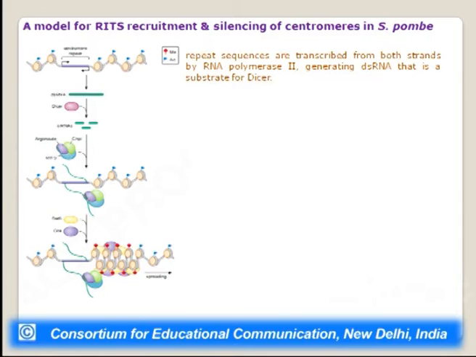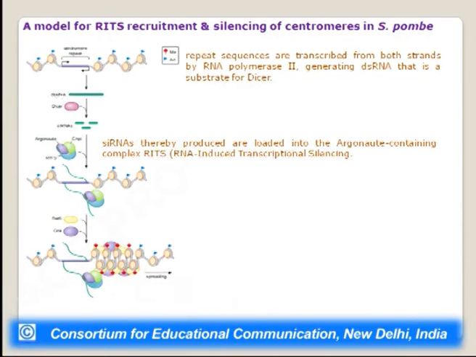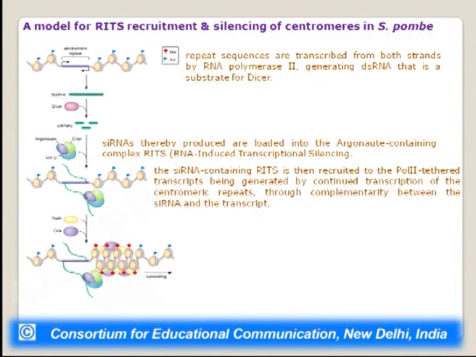Then these small interfering RNAs, or siRNAs, will associate with the complex called the RNA induced transcription silencing complex. They associate with these proteins, and the siRNAs thereby produced are loaded into the Argonaute containing complex, the RNA induced transcription silencing complex.